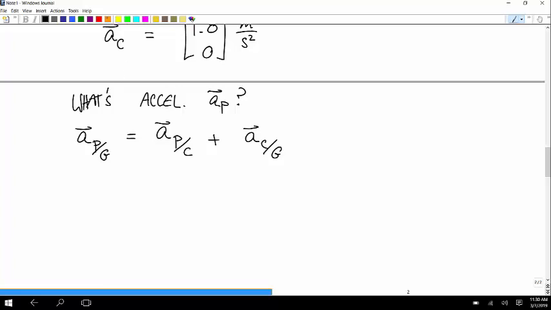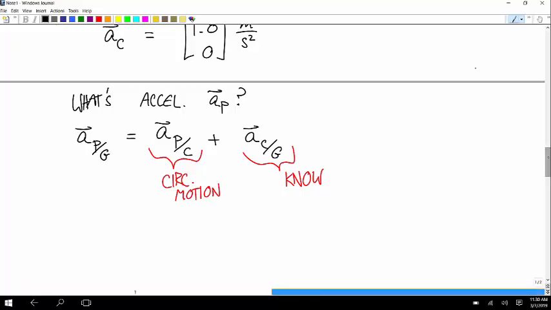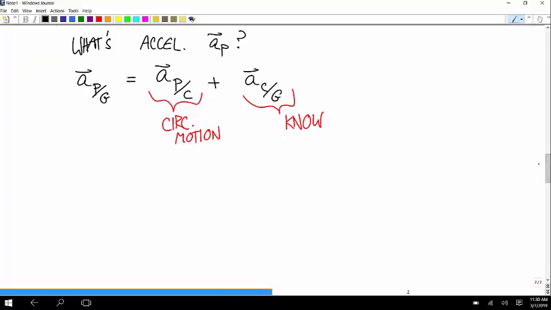And this one is what we just calculated. And this one is circular motion. So to calculate the acceleration of P relative to the center, that's a tangential acceleration plus a centripetal acceleration.